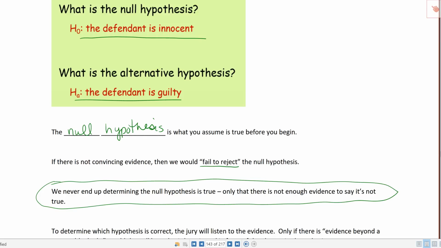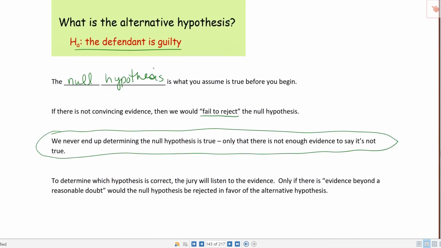So we never say that the defendant is innocent, right? A jury finds a defendant not guilty. So we're never saying that the null hypothesis is true. We're only saying that there's not enough evidence to say that it is not true.